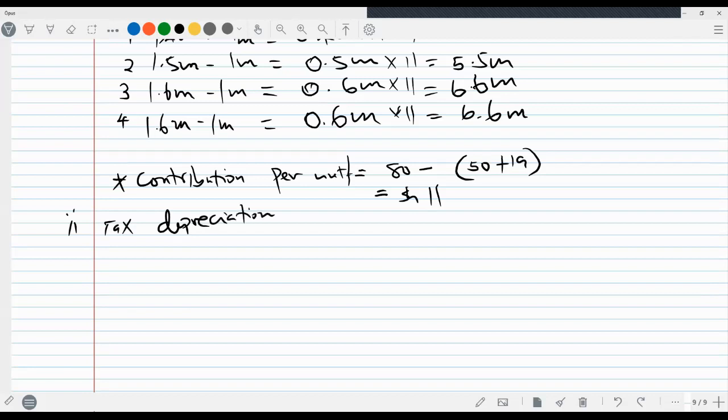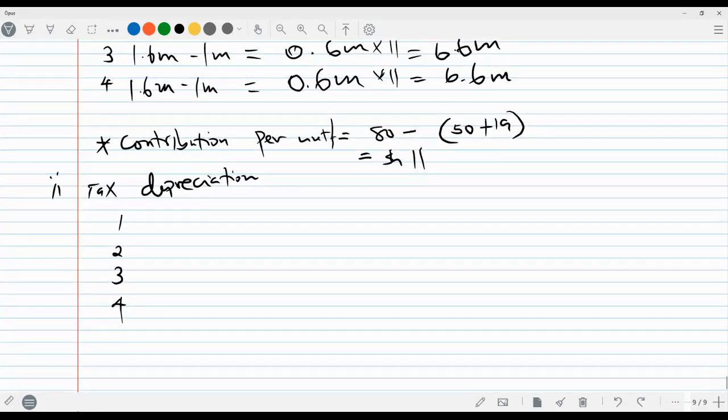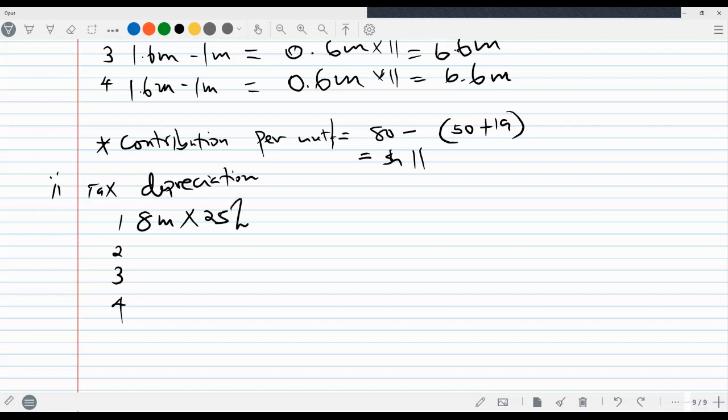You'll be told that the cost of this machine is 8 million. So therefore, it's going to be used for 4 years. And this time around, we are using reducing balance basis, which I think you are all experts in. So the cost of the machine, 8 million, times the rate of depreciation to give us 2 million to be the allowance for year 1.